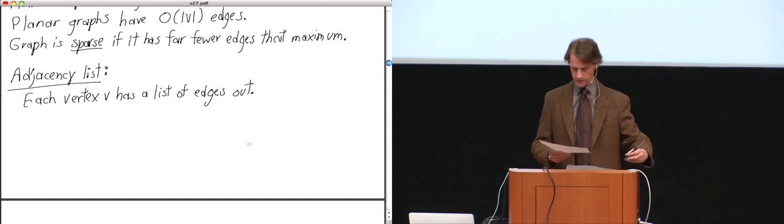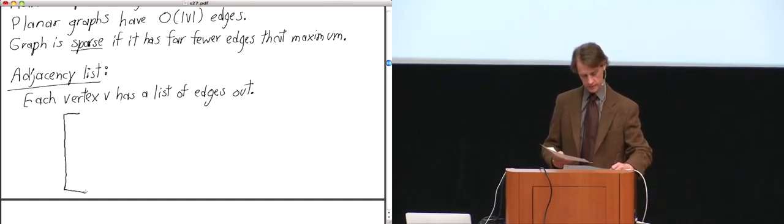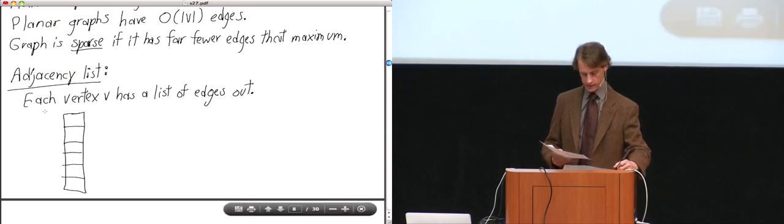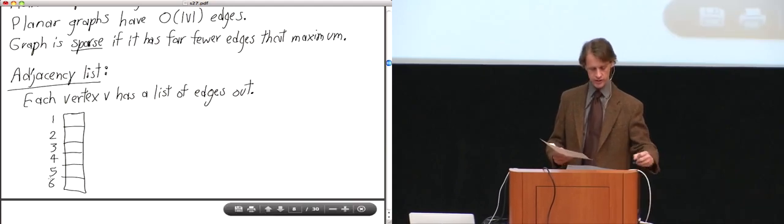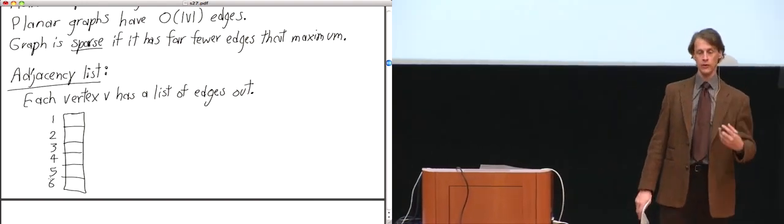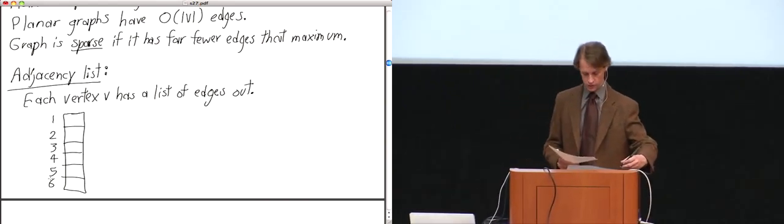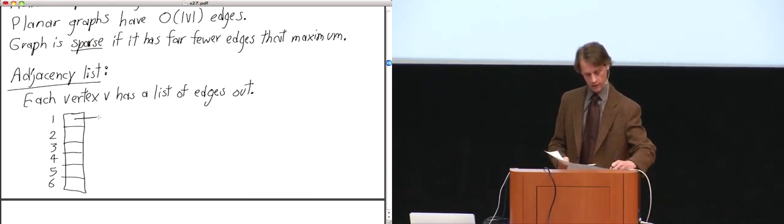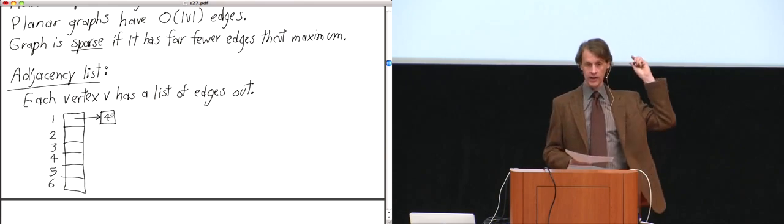So here's one example of how you can do this. For our intersection graph, I'm going to use an array of arrays. So what that means is at the top level, I have an array that has one entry for each of the 6 intersections. And that array is going to be an array of lists. And I'll use arrays to store my lists. So when you're leaving intersection 1, you can go to intersection 4. That's a list, but it's only got one item in it.